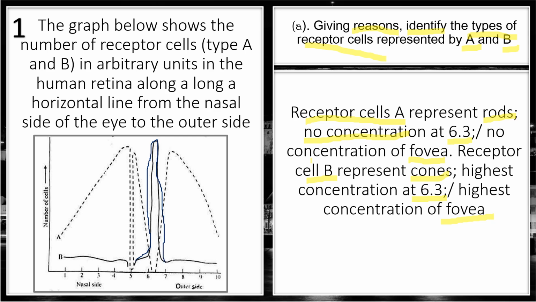That is at point 6.3. That's where we have the highest mark. And therefore, that receptor cell is representing the cone, where the highest concentration is at 6.3, highest concentration at the fovea.